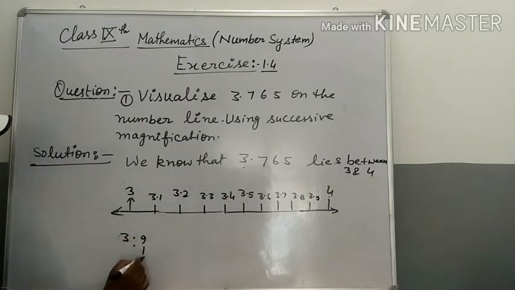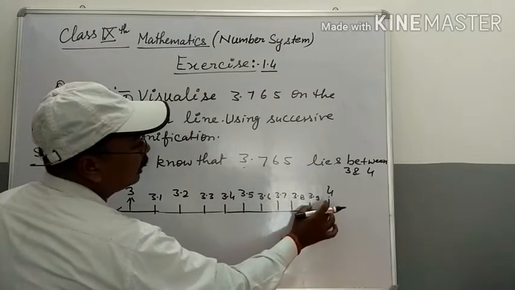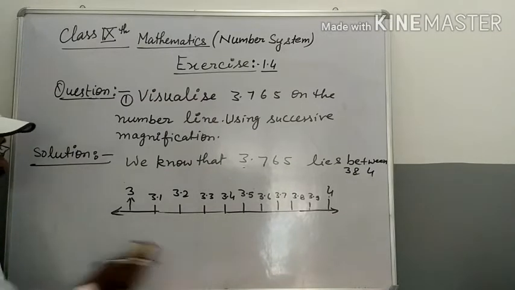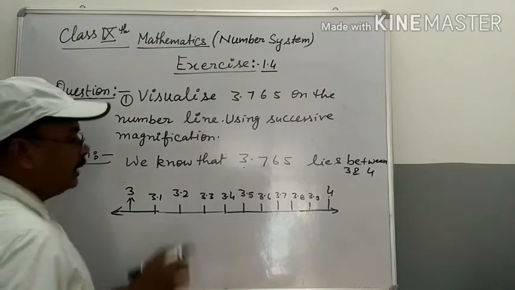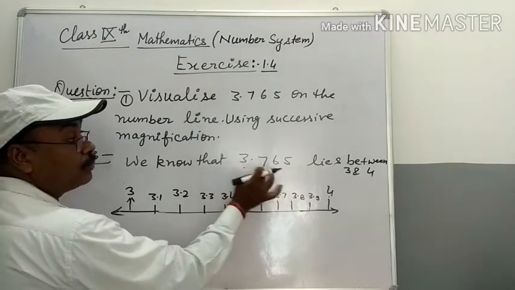3.9 plus 0.1: 9 plus 1 is 10, 0 carry 1, that is complete 4. Students, you can see the next number in the visualization, 3.7.